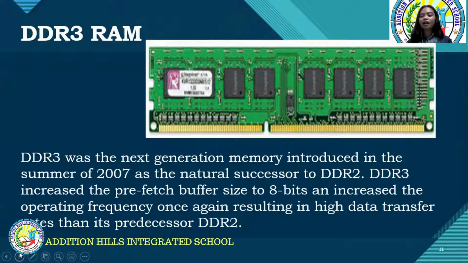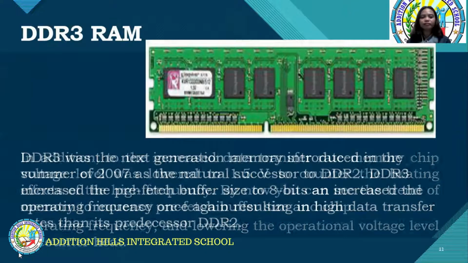So, mas mabilis na ang DDR3 kaysa sa DDR2. Kung makakakita na kayo niyan, DDR3, ito na yung talagang ginagamit ngayong mga times. DDR3, and alam ko meron na din DDR4 na nilabas na mas mabilis na RAM kaysa sa mga nauna.